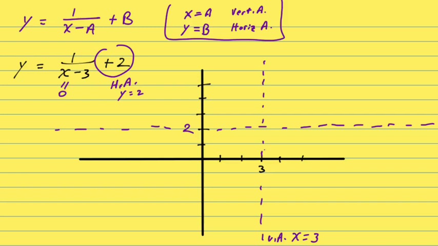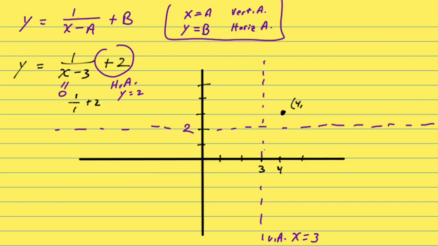Then all you have to do is determine, now listen real fast, it cannot be up here and down here and still be a function because it would fail the vertical line test. All you need to do is determine whether it's top or bottom of the horizontal asymptote. If I put in a 4, I think I get out a 3.